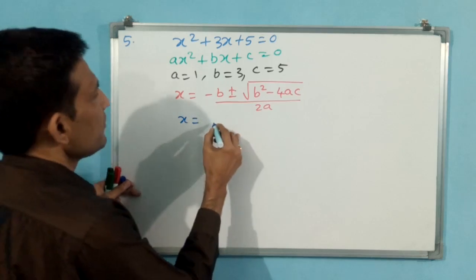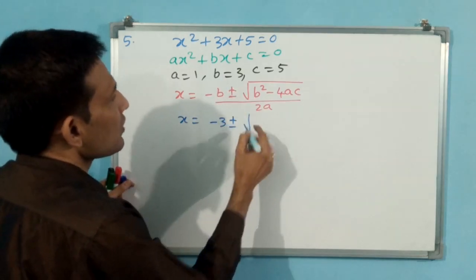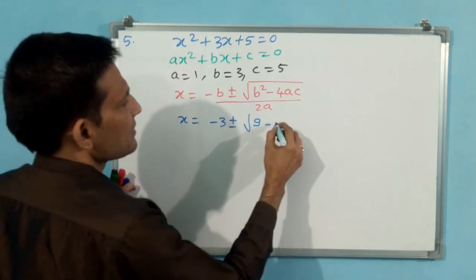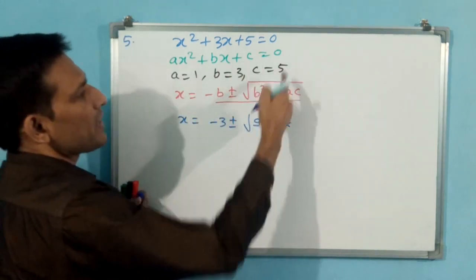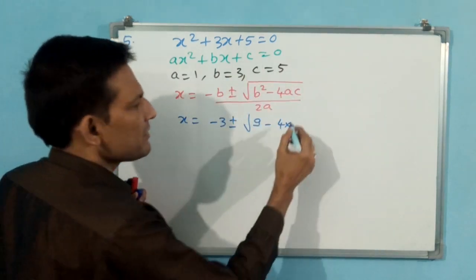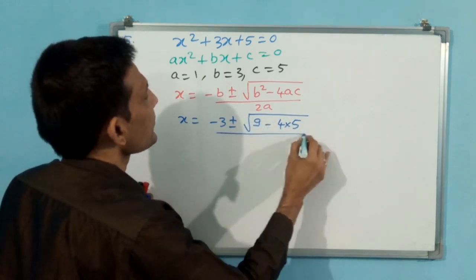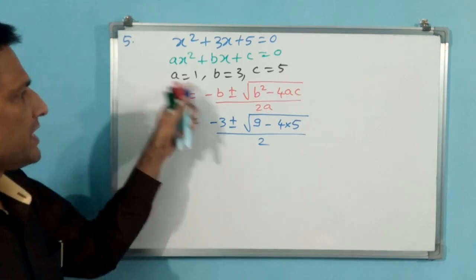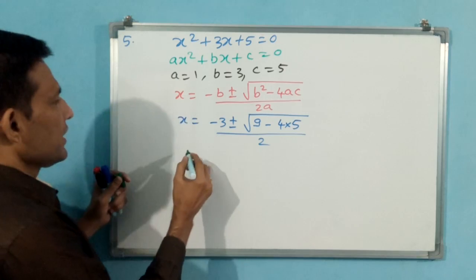X is equal to minus b means minus 3 plus or minus square root of b square, 9 directly I can write, minus 4 into ac, 1 into 5. Shall I write directly 5? Divided by 2a, 2 into 1. Now here you can write only 2. Why? Because a is 1.